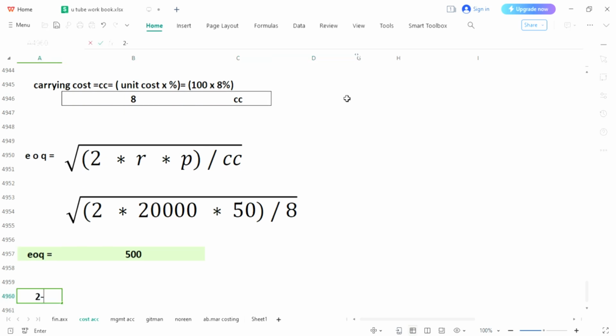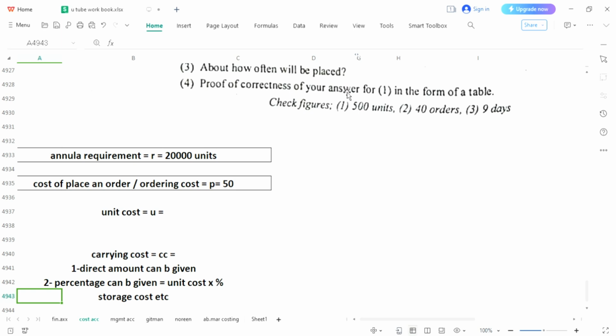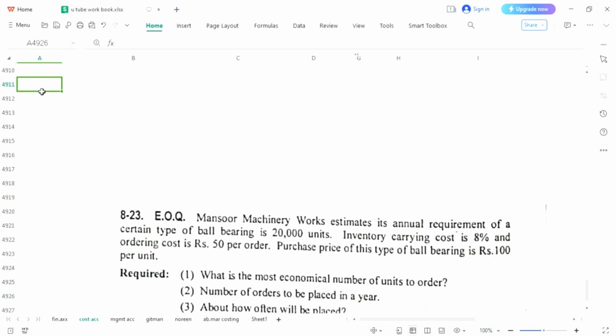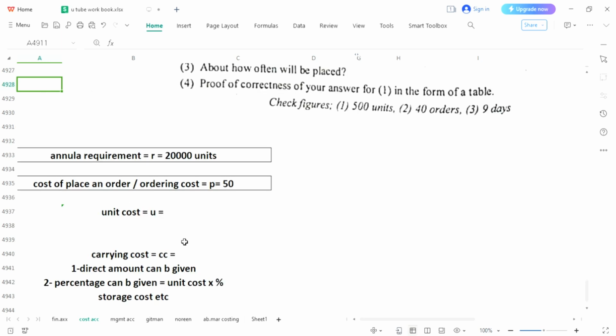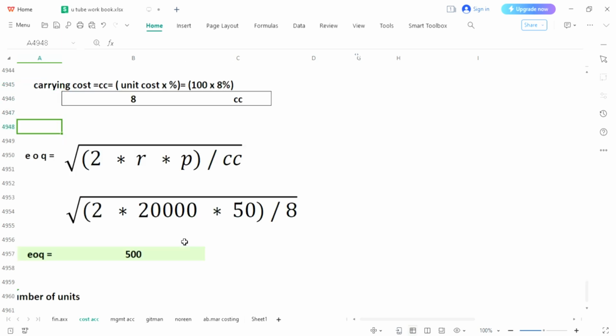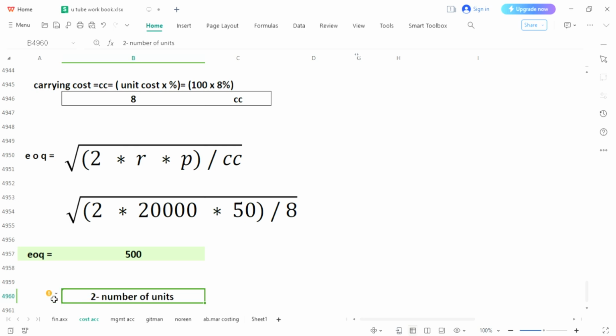The second requirement is number of orders to be placed. So here we are going to write number of orders to be placed.